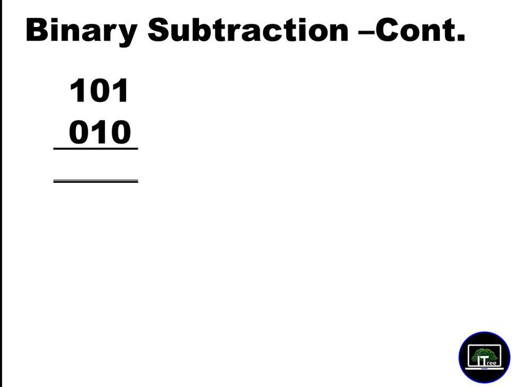When you borrow from the next line, you get 2 because it's binary. Then you are deducting 1 from 2. It is now 1. You can do this technique we discussed earlier. As you did in addition, you can use the same technique here for deduction. 101 is 5, 010 is 2. When you deduct 2 from 5, it's 3.